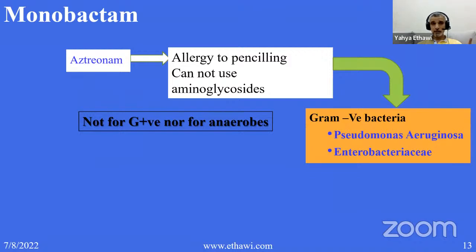Now remember that the monobactam does not work on gram-positive and does not work on anaerobes. They are not a good choice for intra-abdominal infection. Very important to remember, in a contained infection in an oxygen-deprived area, they are not good.